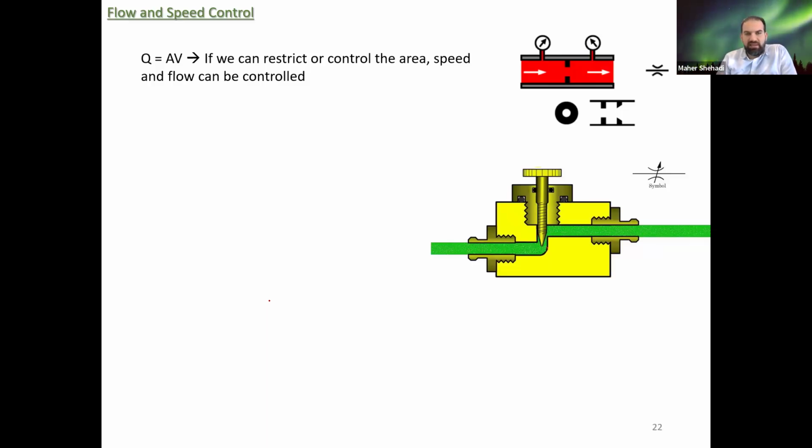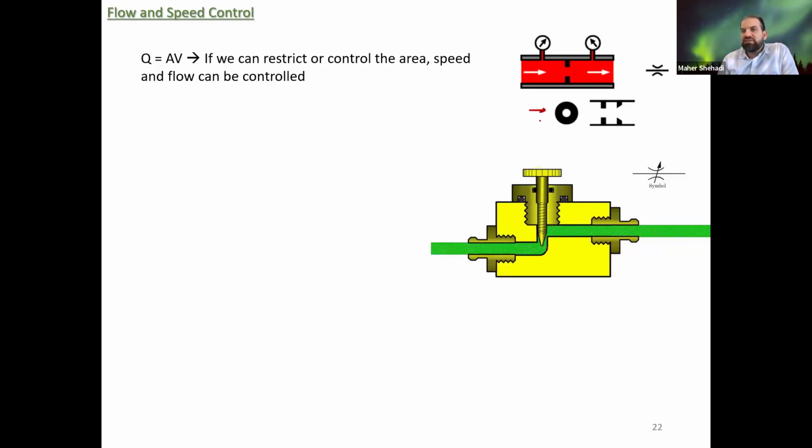We discussed this last chapter and the chapter before as well, which is flow. Usually we can control the speed by using, if it's just a fixed displacement pump, a one-step reduction in the speed or the flow. I can use the orifice.